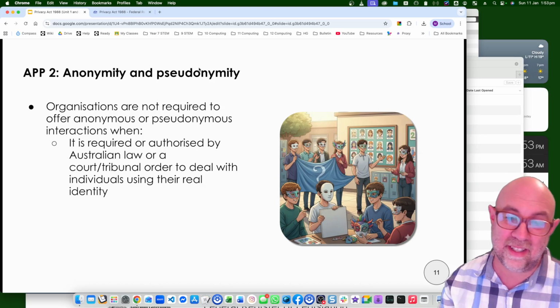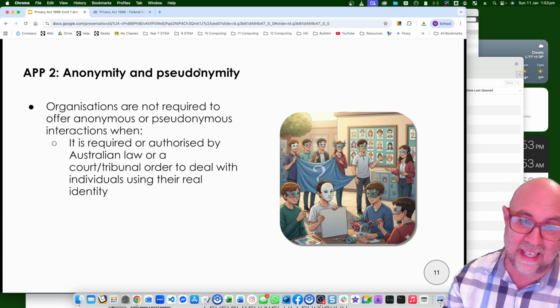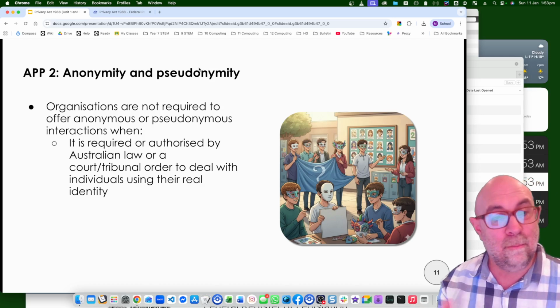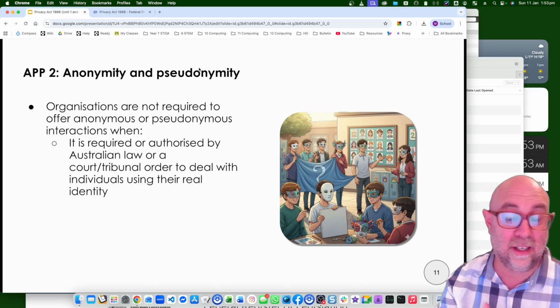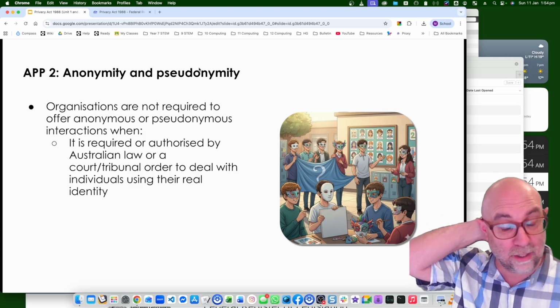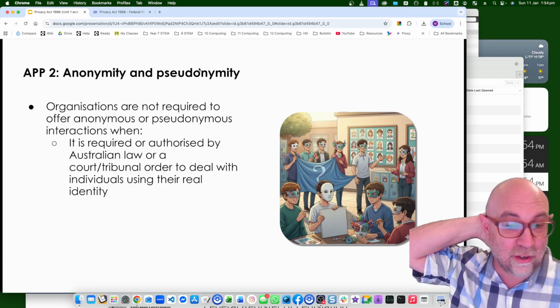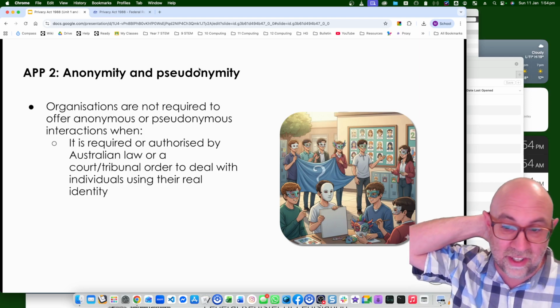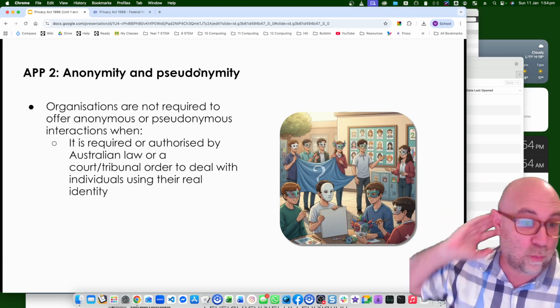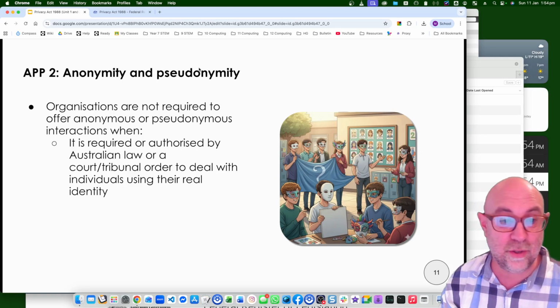Bank accounts, for instance, because they want to make sure people are paying their tax and not money laundering. Mobile phone accounts, because people use them for criminal and harassing activity, so you have to be able to trace it back to a person. I suspect web hosting, you probably need to know who's doing it.